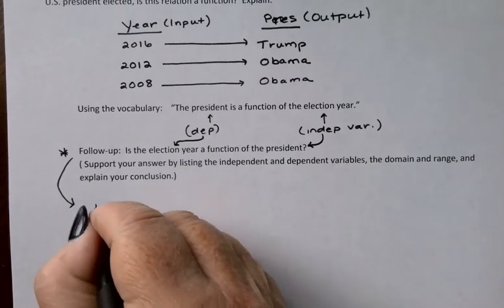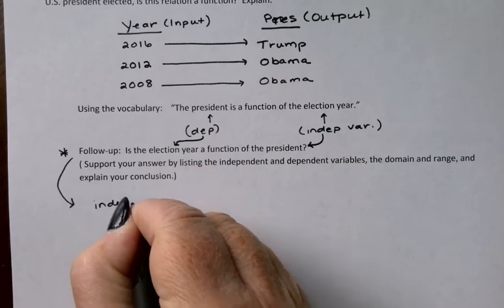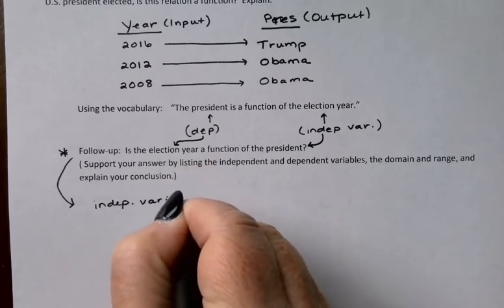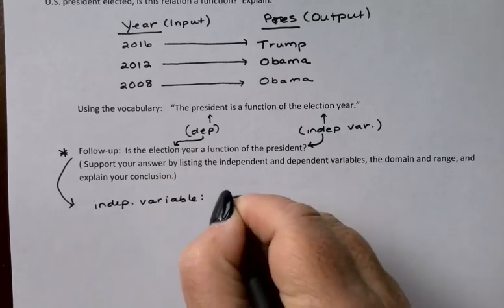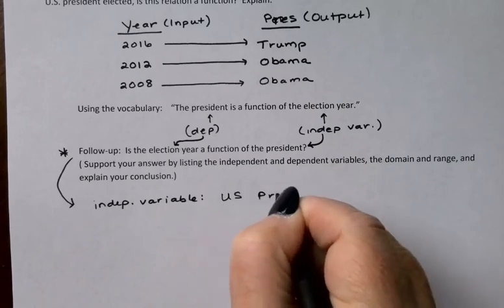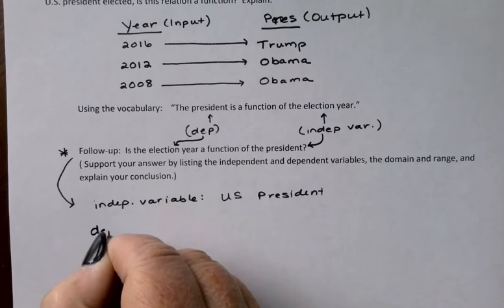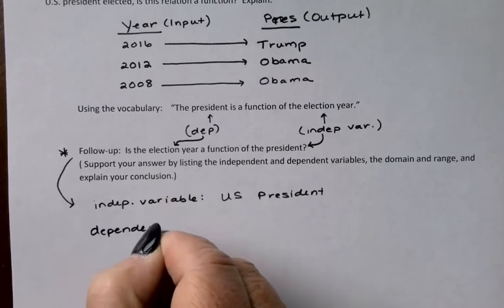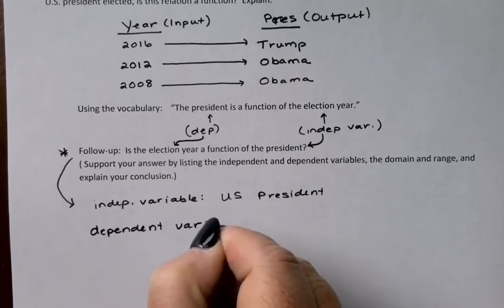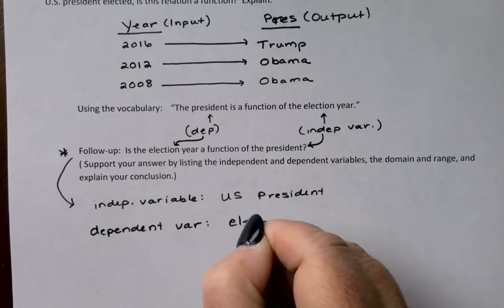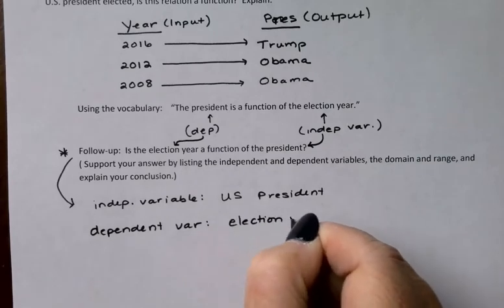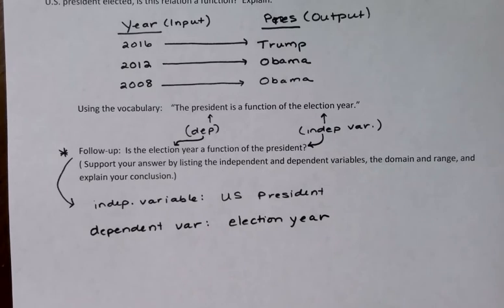So let's jot that down. The independent variable is now the U.S. president, and the dependent variable is now the election year when we elected that president. Let's try to make our little chart again. Our input is the president.